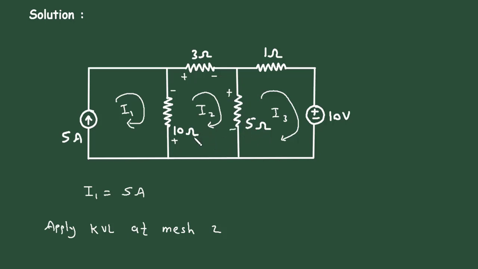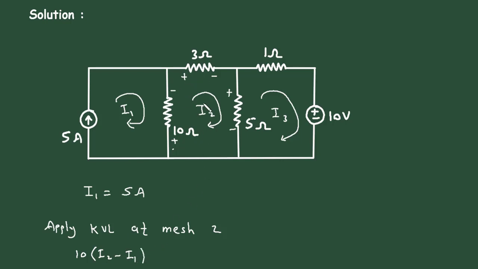Now, let's say we are starting from this point. So it will be plus 10 I2. Now here this is common in mesh number 2 and mesh number 1, so it will be 10 times I2 minus I1.